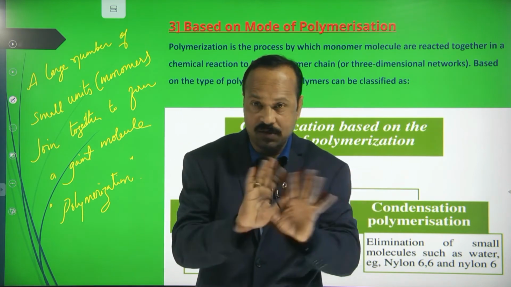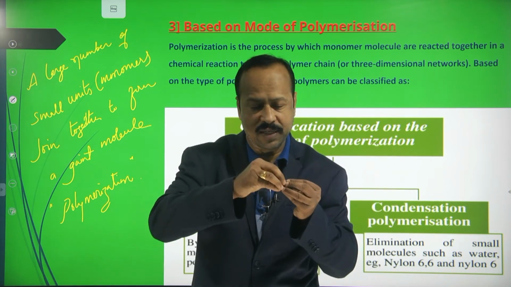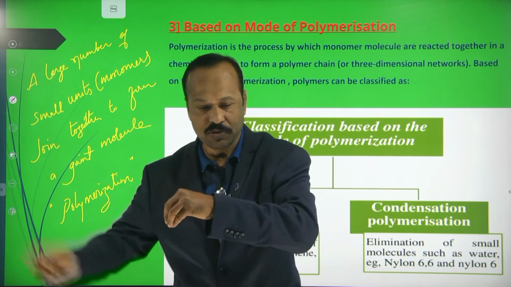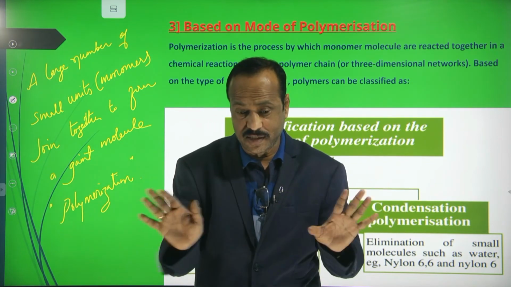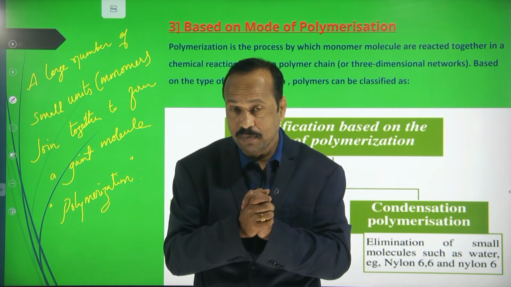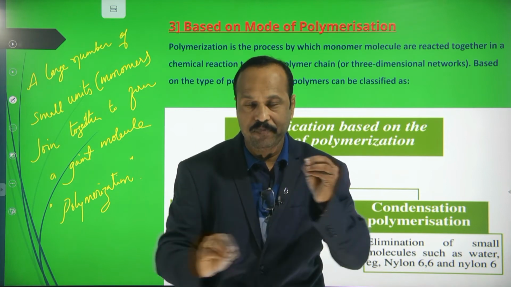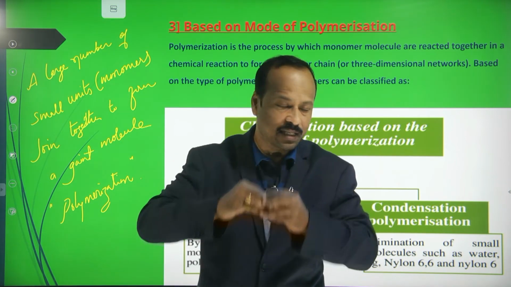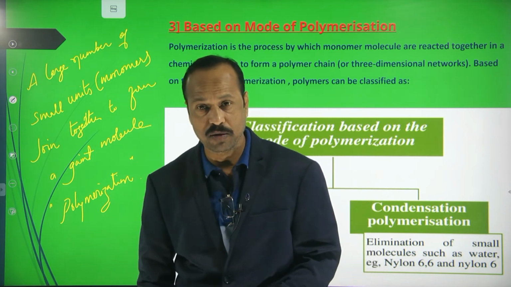In addition polymerization, nothing is lost, one joins directly with the other, and this one joins with another one, continuously joining, nothing is removed. But in condensation polymerization, some molecules are lost and then they join.